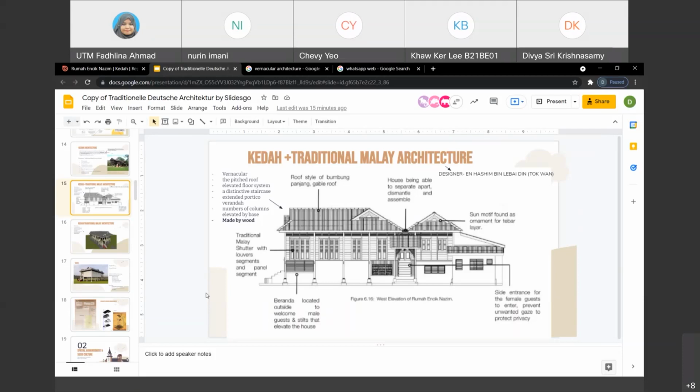He is skilled in observing and analyzing the surrounding environment. This house is almost zero energy, and they also utilize natural elements and use the vernacular concept in this house. The skill and building knowledge passed from their ancestors to Tok Wan, and he built this house until now.